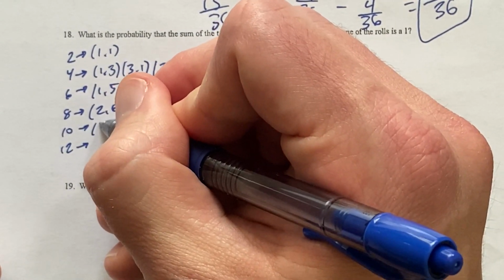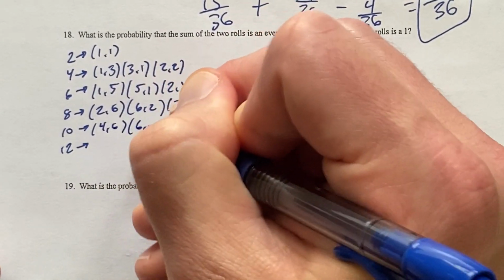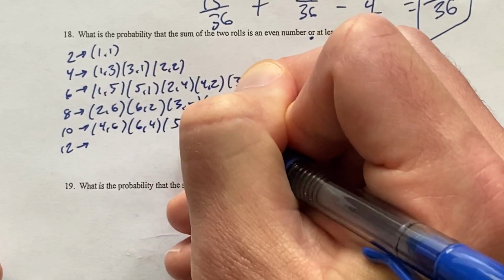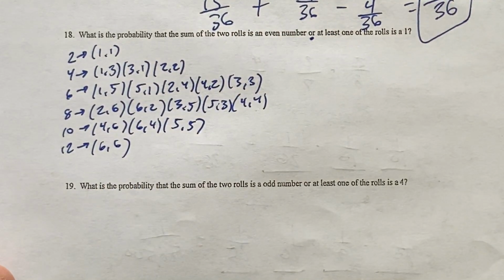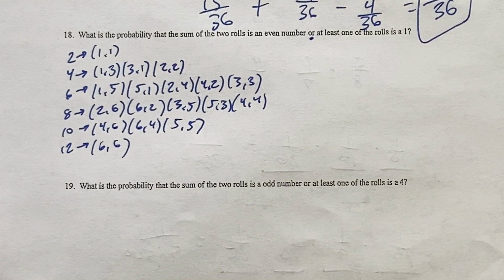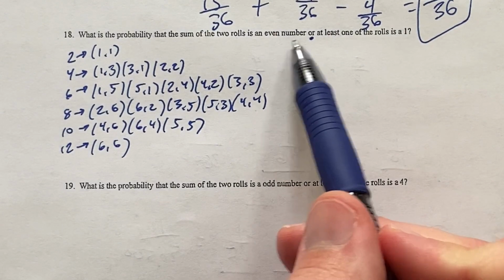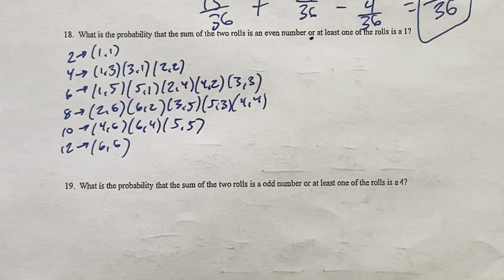Could roll a 4, 6, 6, 4, or a 5, 5. And then I could roll a 6, 6 right there. Spoiler alert, it's going to be 1/2, 18 out of 36, because half of them are going to be even. So it's good to write this out because we're going to mark them out in a second. It's going to help you know which ones to cancel.